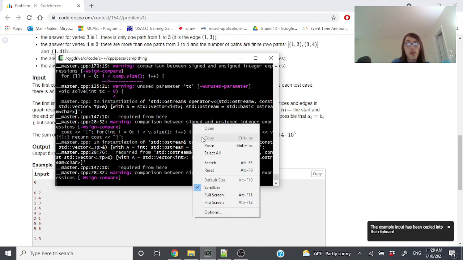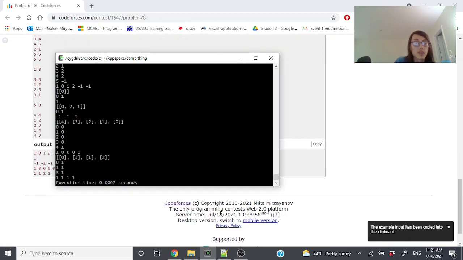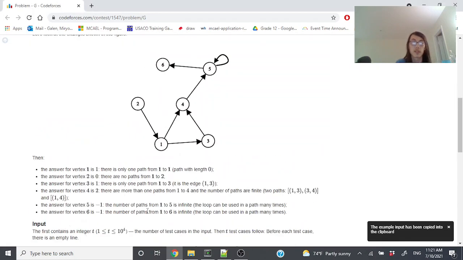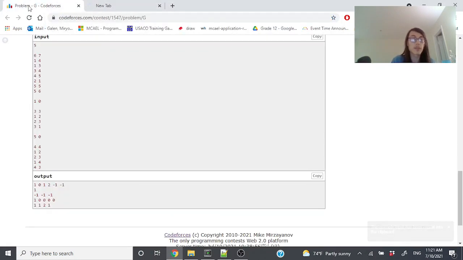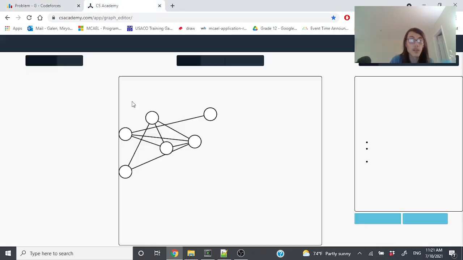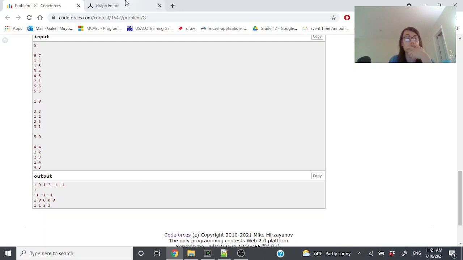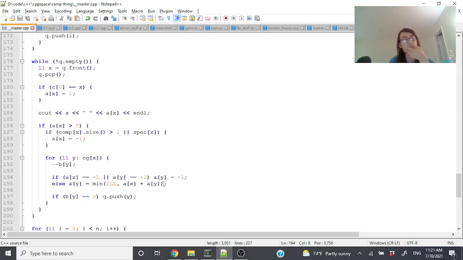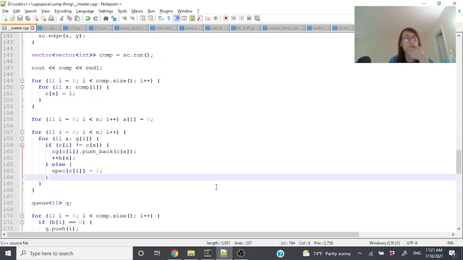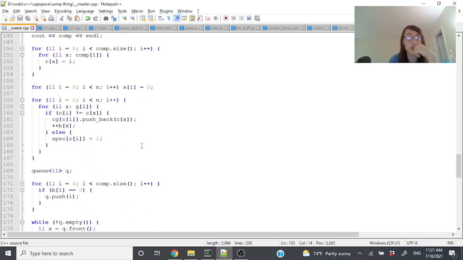Now we should be visiting everything. 100001111. Okay, that's the last problem. CS Academy, let's go to Graph Editor. Not counting multiple paths is the thing. Corrected. Yeah, okay. So why is this happening? AI is equal to 0. That matters too.